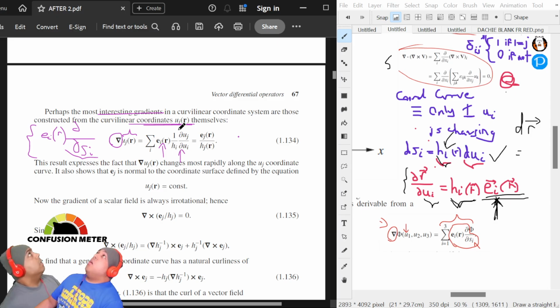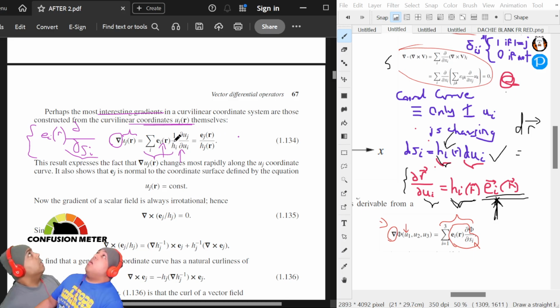h_i, so when you sum all this up, we're calling it e_j(r) and h_j(r). There's no dels and stuff in there. e_j(r).